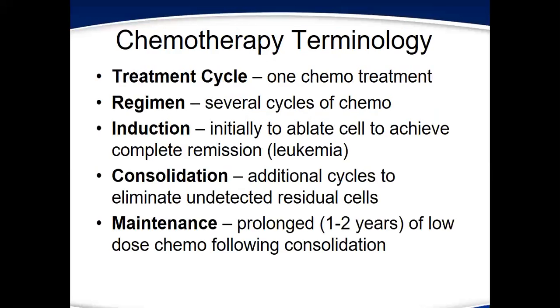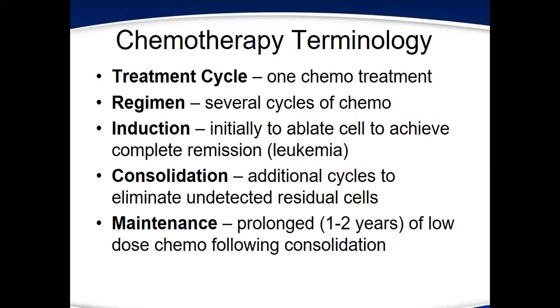Now, chemotherapy terminology that we'll need to know. There's treatment cycle, and that is one segment or dose of chemotherapy. A regimen consists of several cycles of chemotherapy. Induction chemotherapy is given initially to ablate or kill cells, usually leukemia, and achieve complete remission.